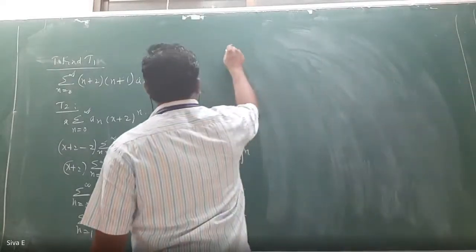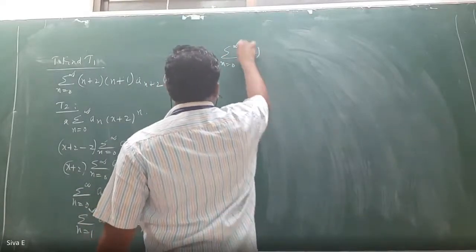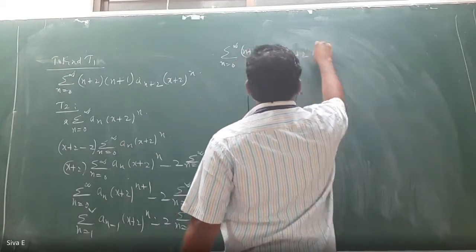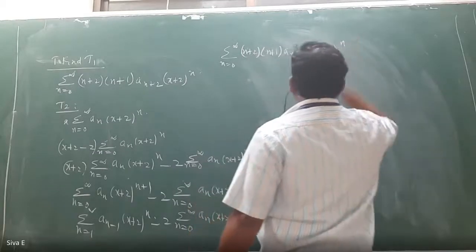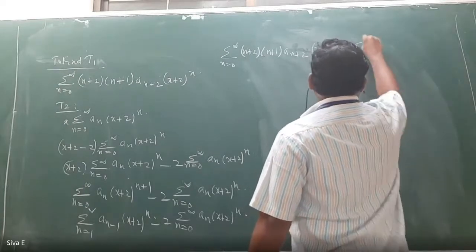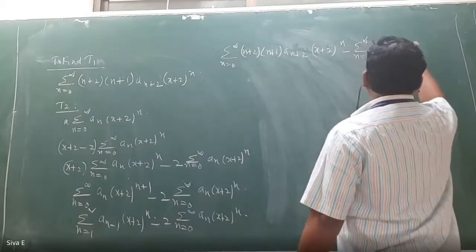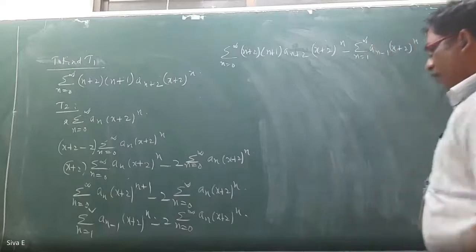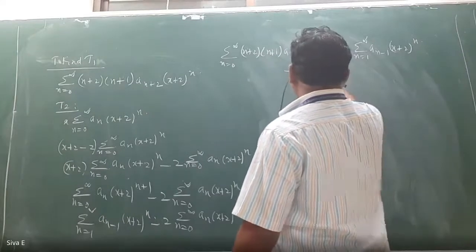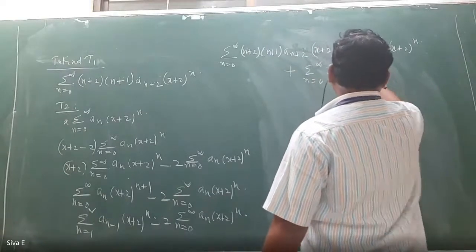So therefore summation of n equal to 0 to infinity (n + 2)(n + 1) a_(n+2) (x + 2)^n minus summation of n equal to 1 to infinity a_(n-1) (x + 2)^n, minus minus plus summation of n equal to 0 to infinity 2 a_n (x + 2)^n.